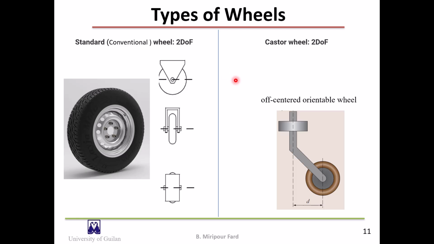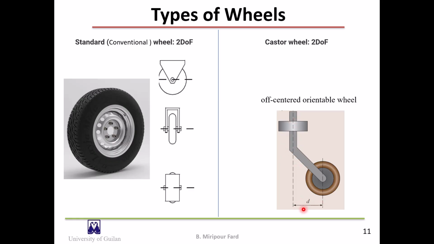To move in a different direction, the wheel must be steered first along a vertical axis. The key difference between these two wheels is that the standard wheel can accomplish this steering motion with no side effects as the center of rotation passes through the contact patch with the ground, whereas the caster wheel rotates around the offset axis.